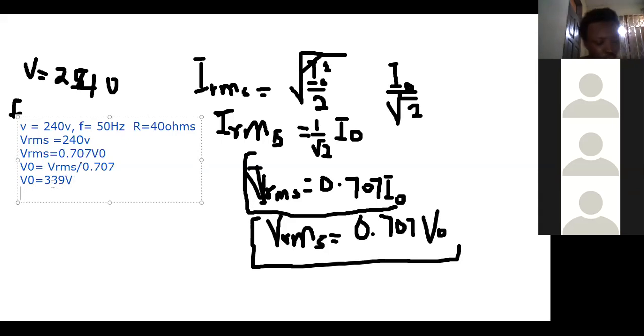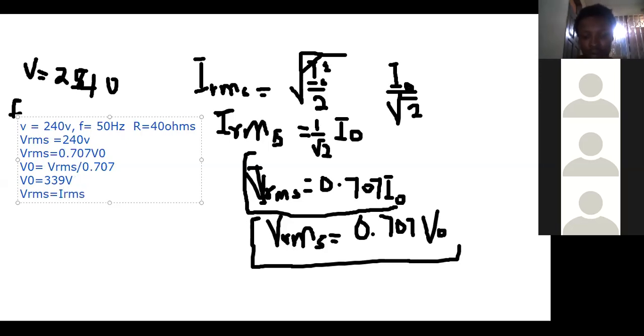Now the question says we should also find the peak current. But here we weren't given the current. We were given V, and we've been given resistance, so we know that VRMS is equal to IRMS times our resistance, according to Ohm's law.